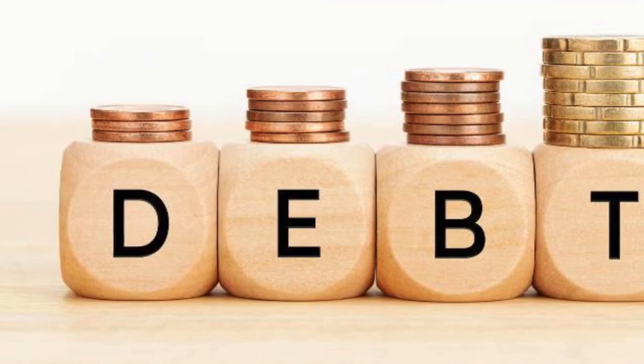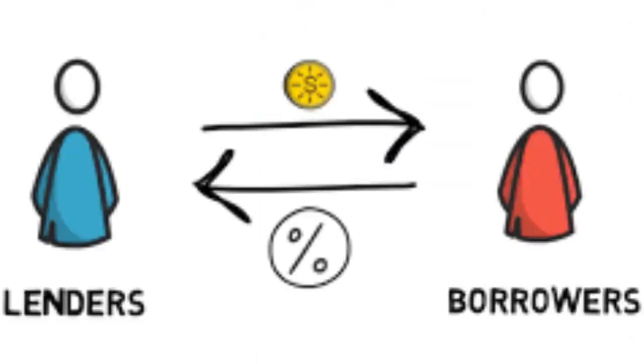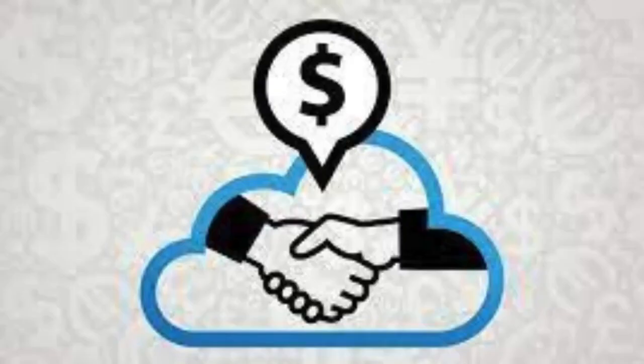Interest rate is for borrowers and lenders, while markup is for sellers and buyers. That means when interest is involved, the relationship between two persons is of borrower and lender, and when markup is involved, the relationship is sort of investor and client.